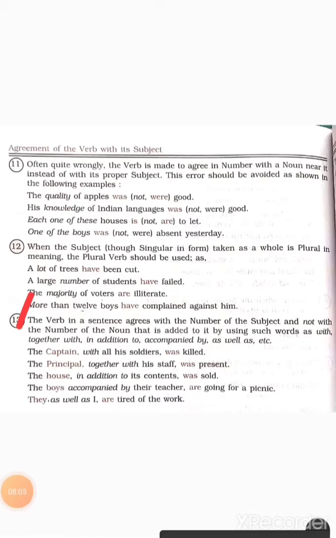Number 13. In a sentence, if two subjects are joined with words like together with, in addition to, accompanied by, as well as, etc., then you have to remember that you should follow the subject which is nearest to the second noun. That means, the captain with all his soldiers.